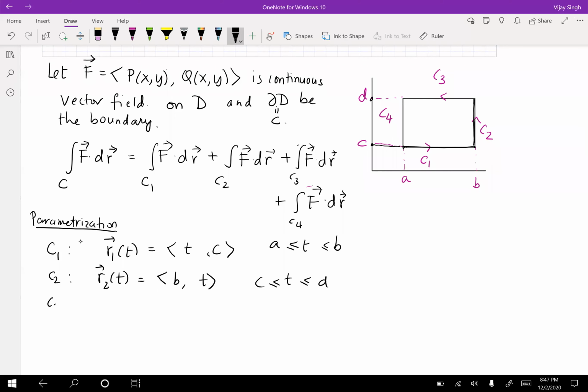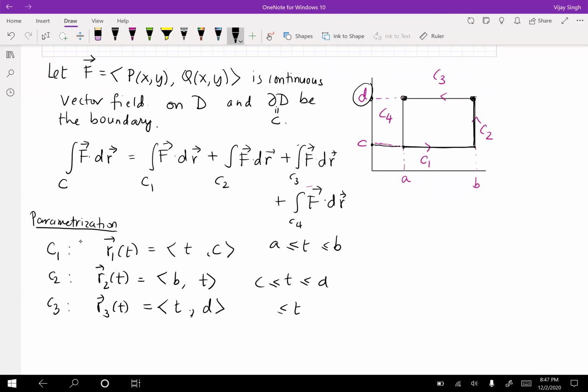Similarly, we have C3 as R3(t). Again, the parameterization is given by, in this case, y fixed as d and x is t, where t ranges from here to here, so from b to a, but we want to write it down properly.